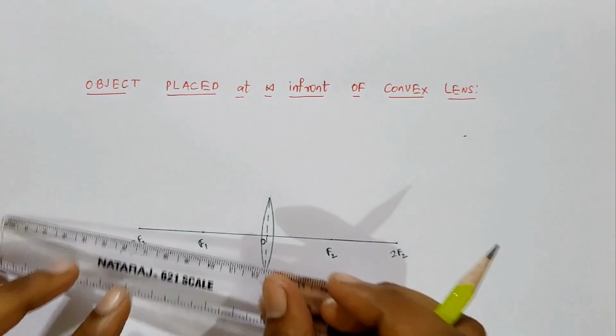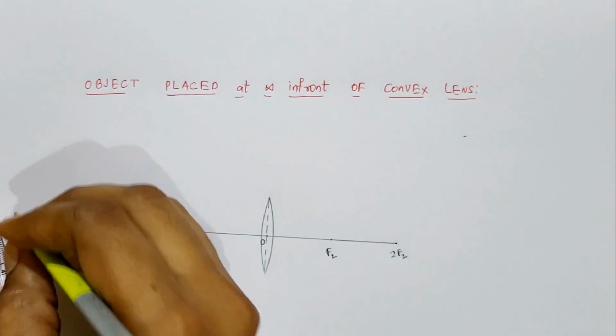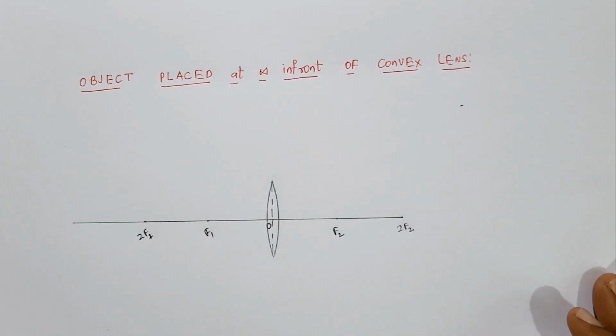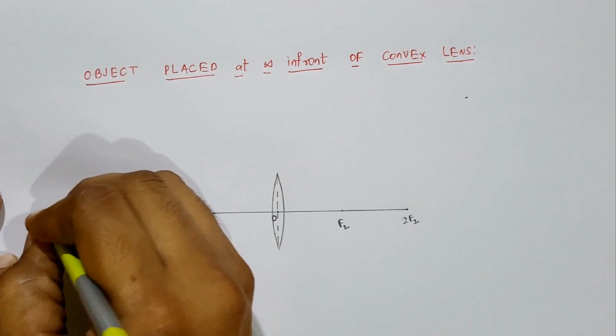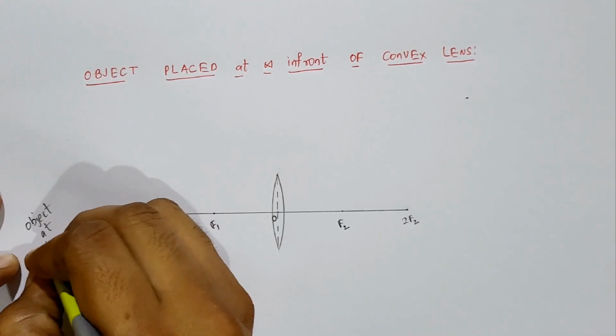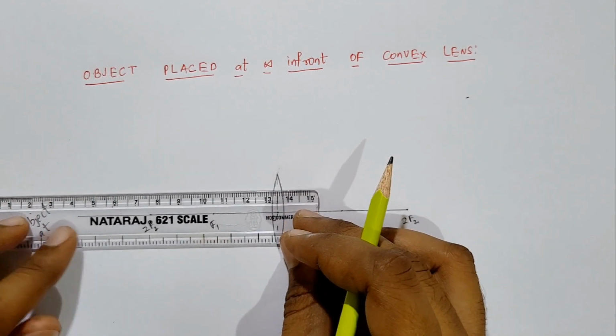Now where is the object placed? The object is placed at infinity. Correct? When the object is at infinity, how should the light rays come? Light rays should come starting with dotted lines, correct?